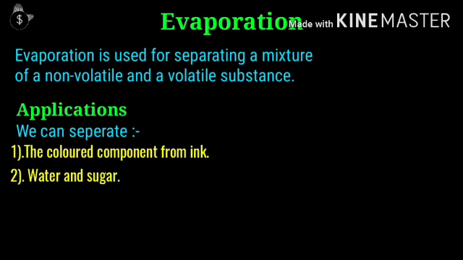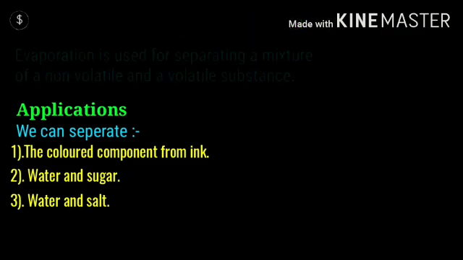And we can also separate a solution of water and sugar. You know that water is volatile, it will be evaporated and sugar will be remaining. In the same way, a solution of water and salt can also be separated by evaporation, and water is volatile, it will be evaporated and salt will be remaining. So we can use this method.